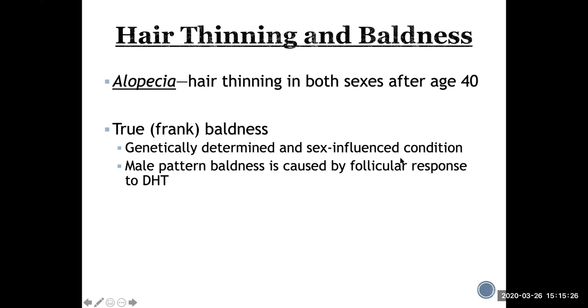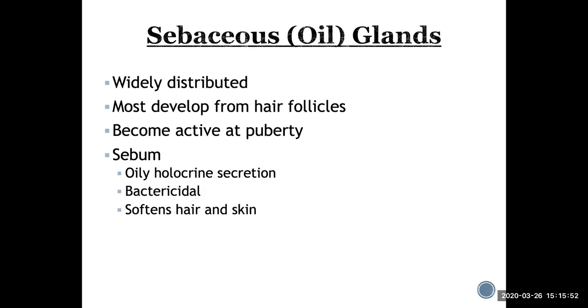It is sex influenced, so it happens more often in males, and it's caused by a follicular response to whatever this hormone is that I can't think of right now. But it's genetically determined. It usually happens in males, and it's when your follicles respond to a certain hormone after a certain age, usually.